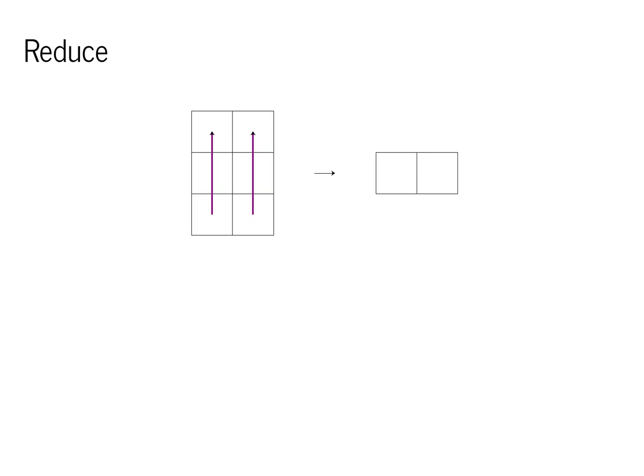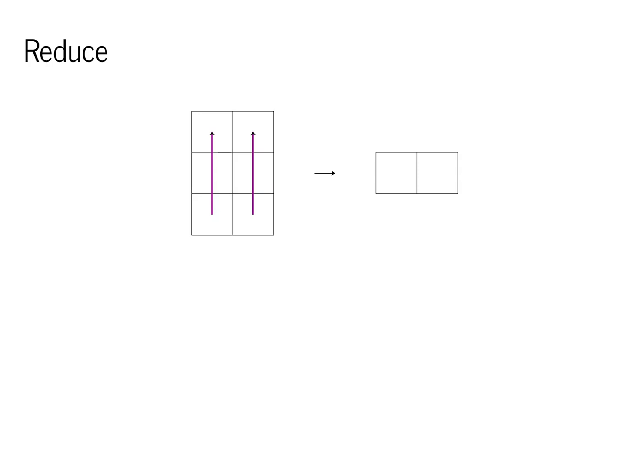Finally, we have reduce. Reduce is a bit more complex. The way it works is that if we have a tensor of shape 3 by 2, applying reduce will give us a tensor back of shape 1 by 2. This is a reduction along the 0th dimension. If we were to instead apply that reduction along the first dimension, it would return us a tensor of shape 3 by 1.